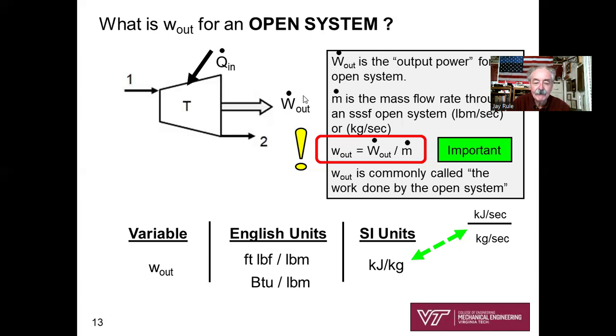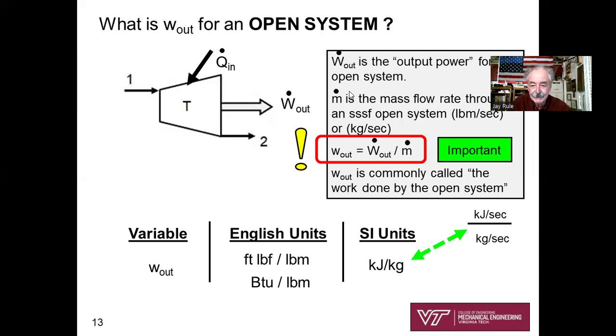So notice here, if you haven't had a lot of exposure to open systems yet, here's your crash course. This is not W out, it is W dot. That dot is important. That's output power, not work. M dot is the mass flow rate, not the mass.